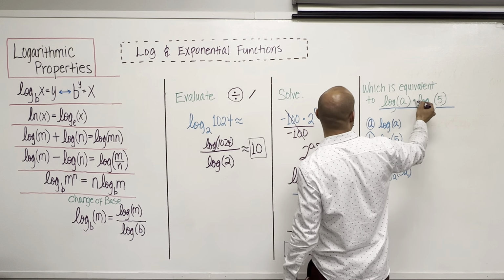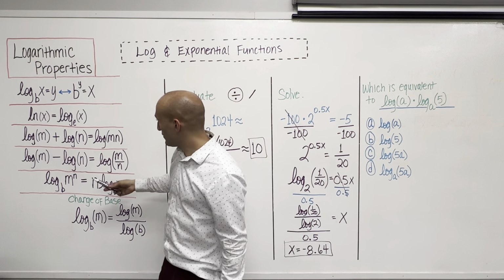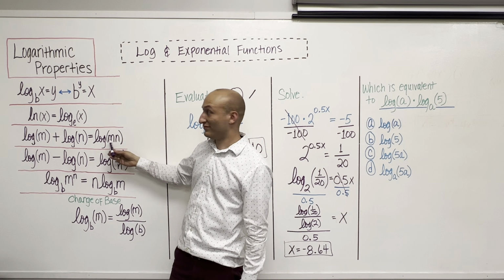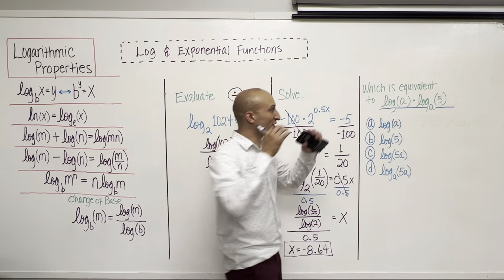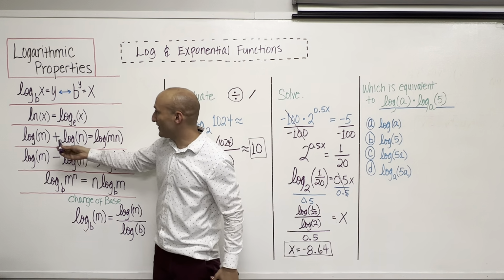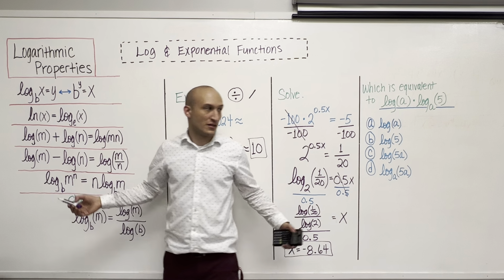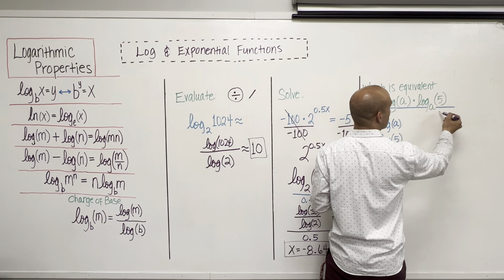And I don't have a property where I'm multiplying 2 logs. See? This is not the same. I'm multiplying 2 functions. And the only ones I see here are addition and subtraction. So I'm gonna move on and look at this one.